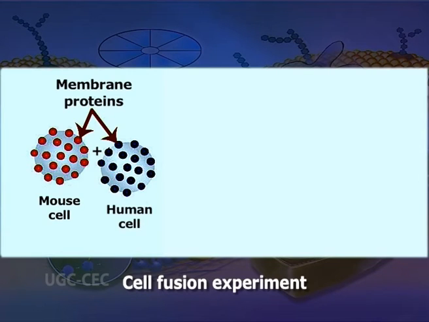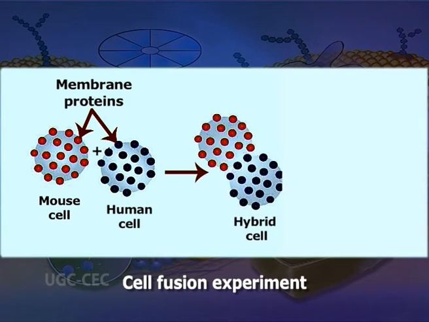Their approach was to tag mouse and human cells with fluorescent antibodies against plasma membrane proteins specific to the two species. They then fused the two types of cells and observed the hybrid human-mouse cells with a fluorescence microscope to see what happened to the plasma membrane proteins from the two parent cells.